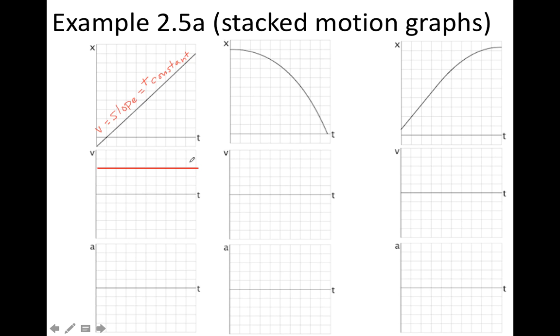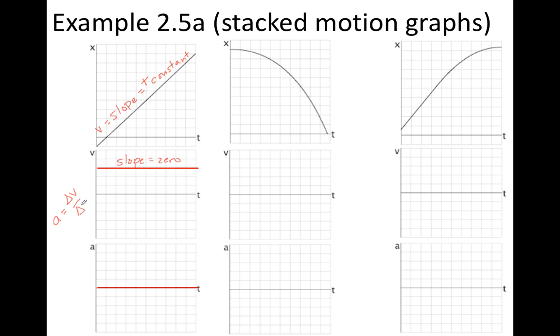Well, what's the acceleration graph look like? Again, we're going to consider the slope of this line. What's the slope of this line? The slope of a horizontal line is 0. So that means that the acceleration is going to be 0. And that should match up with what we've talked about before, since the acceleration is the rate of change in velocity.